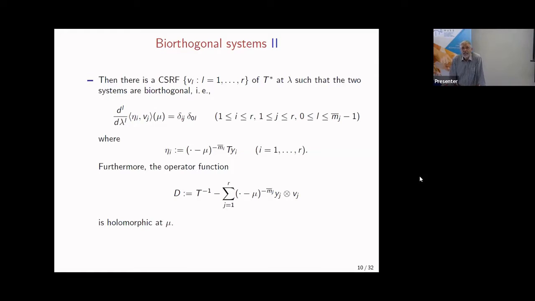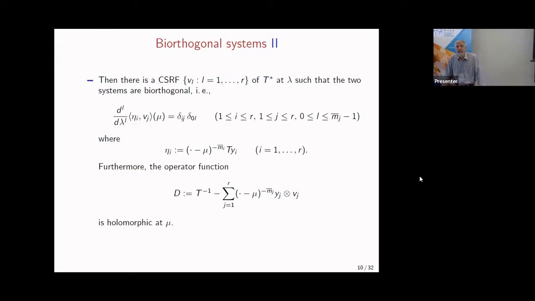In the eta_i, we take the T y_i. Remember, when we have a minus lambda identity, then T y is minus y_i, and the eta_i is then also multiplied by minus mu, that is minus mu to the power minus m_alpha. So, and then we get that by the orthogonal relationship.